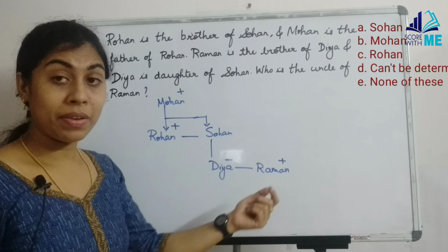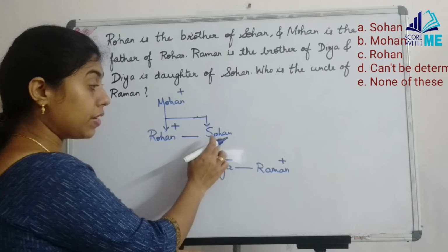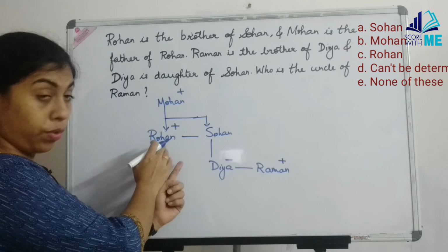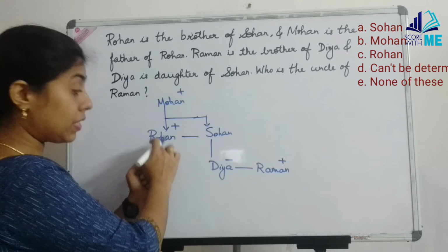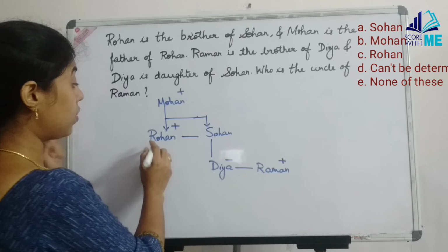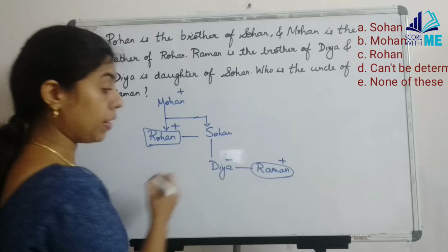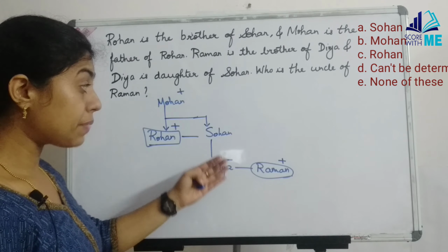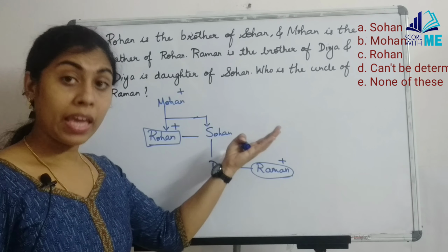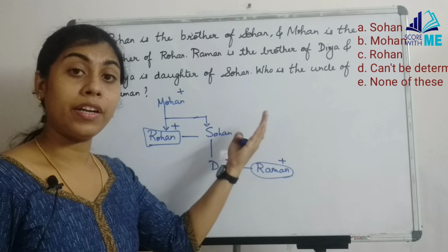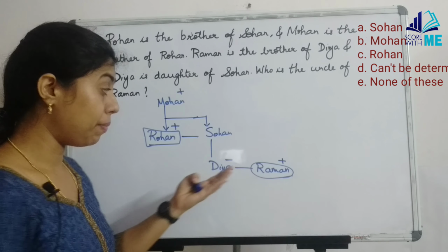So uncle of Raman means Raman's father is Sohan. His brother we have Rohan. So this must be the uncle of Raman. So Rohan must be the uncle of Raman. Irrespective of Sohan being male or female, we do not know the gender of Sohan. He is a male or a female, we do not know.